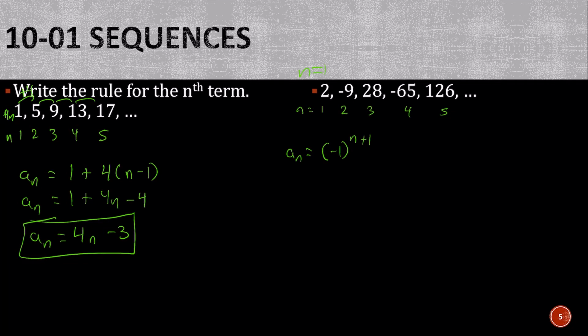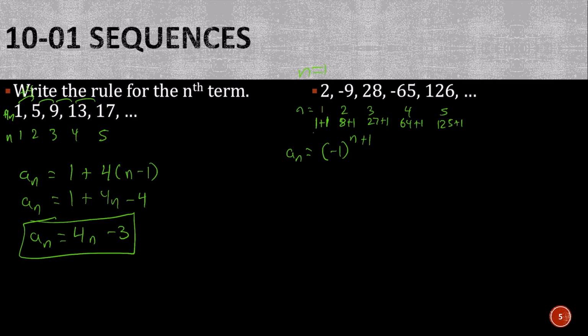Notice these are 1 plus 1. If I ignore the negatives, this is 8 plus 1, and 27 plus 1, and 64 plus 1, and 125 plus 1. So what's that?